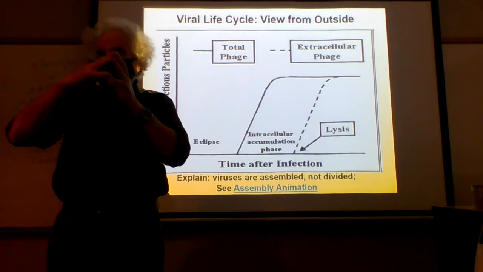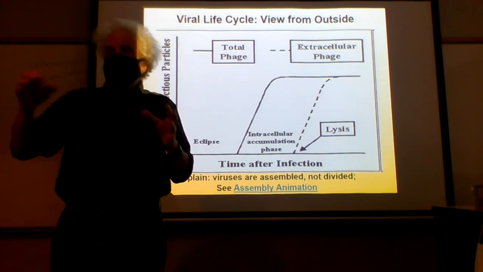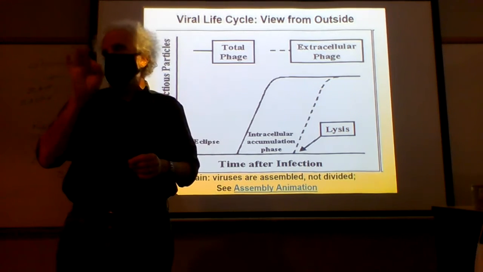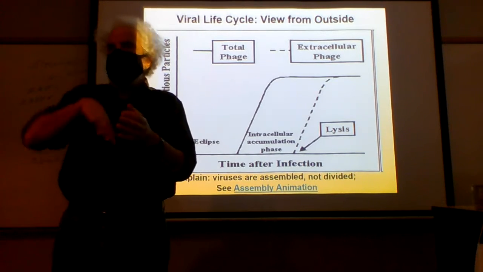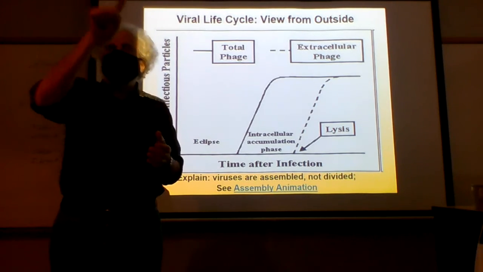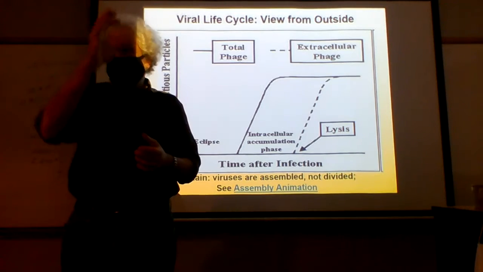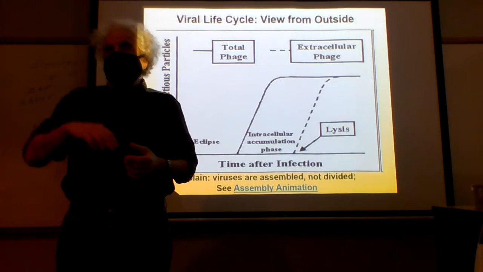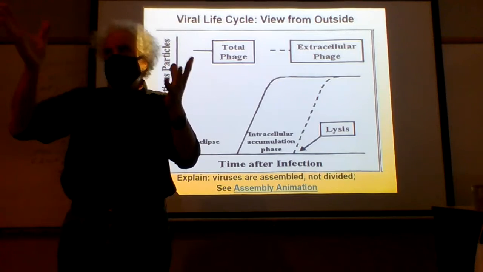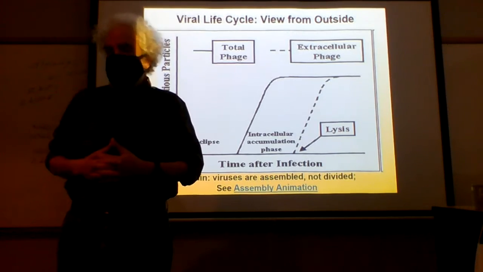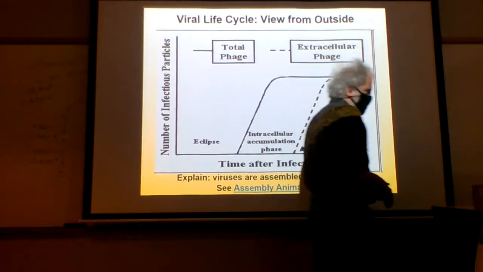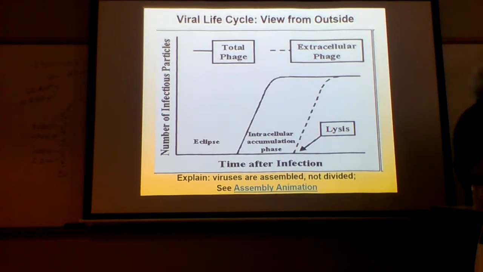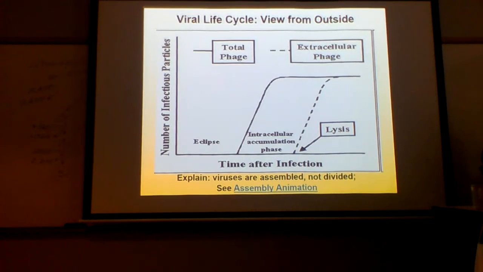The plaque can be completely clear, meaning that all the bacteria that were infected with the virus popped. Sometimes the plaque can be a little bit cloudy, meaning that there's some bacteria within this sphere of being infected that didn't pop. They actually have the virus in them as what's known as a stable lysogen. And happily, most viruses don't lysogenize within us.